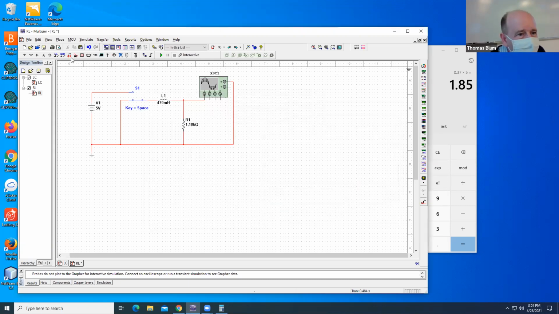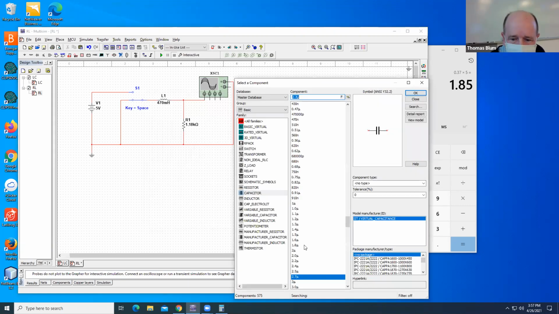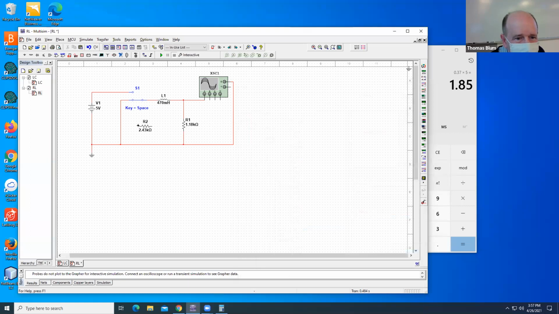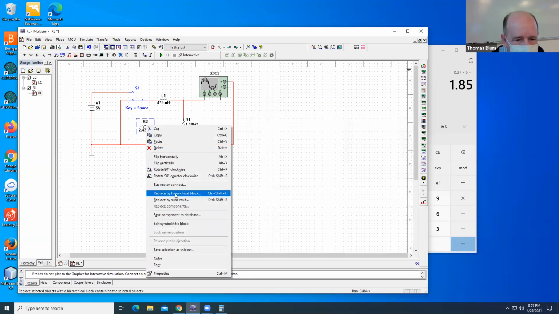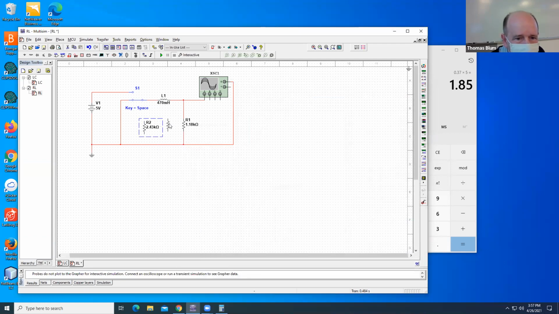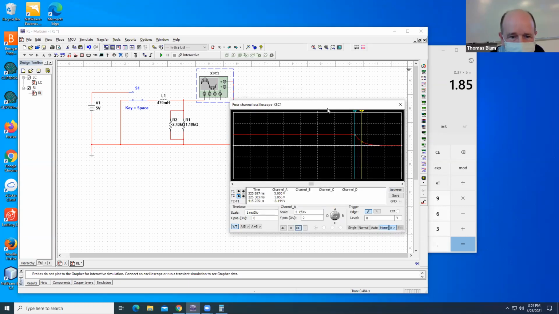Okay. I would have another resistor, I don't know, 243. And I could put it in parallel. And then let's play the game. Simulation.